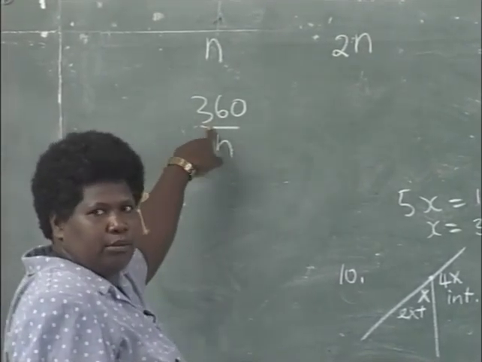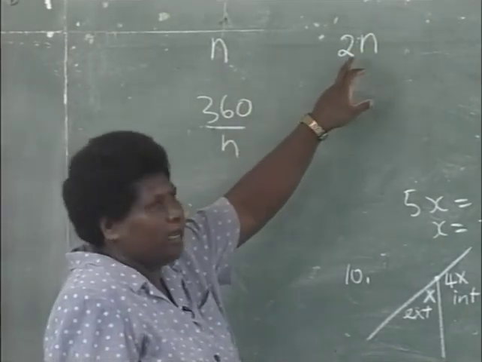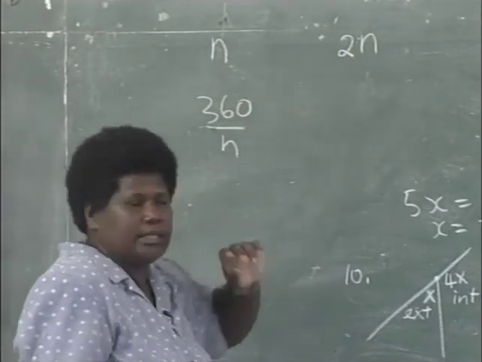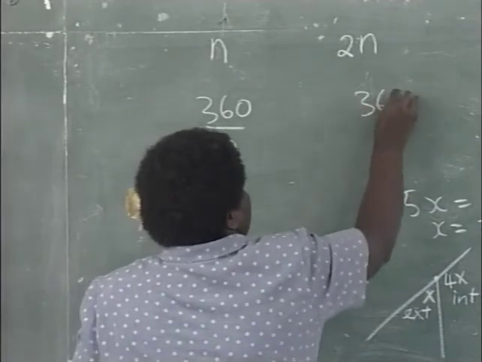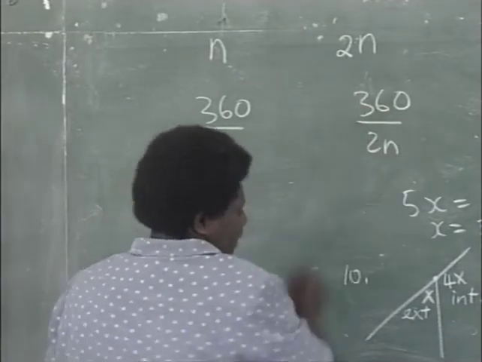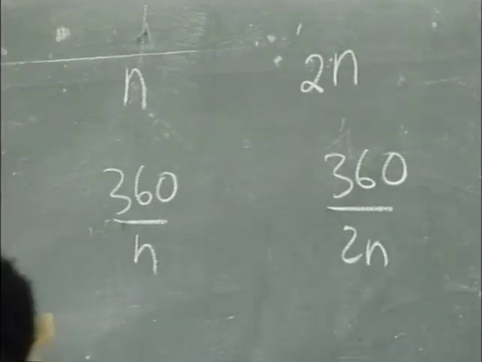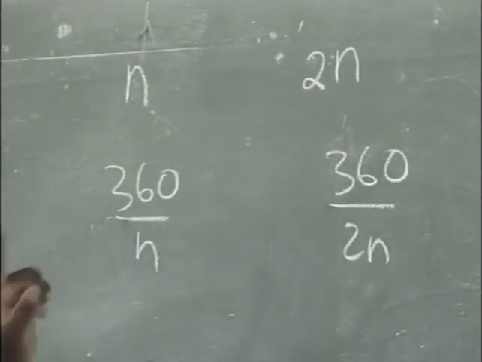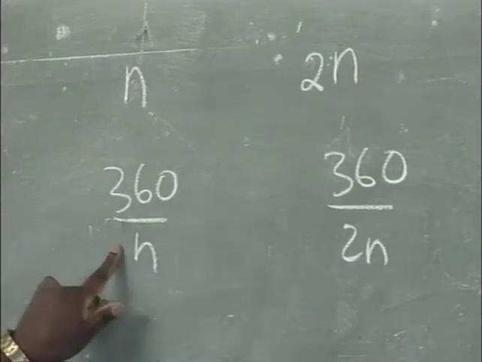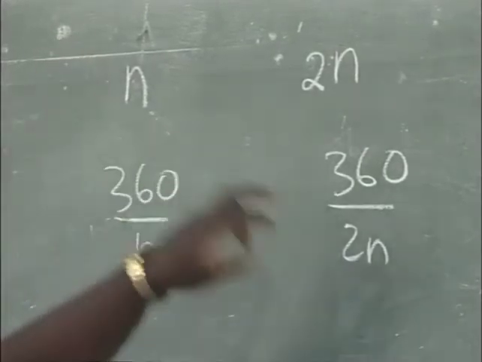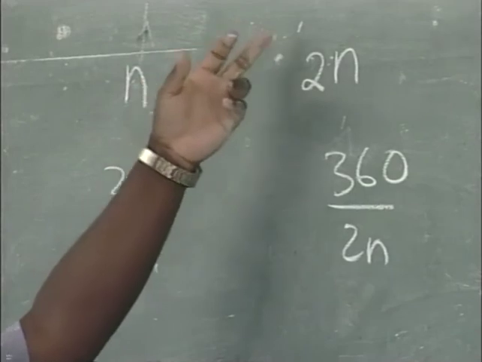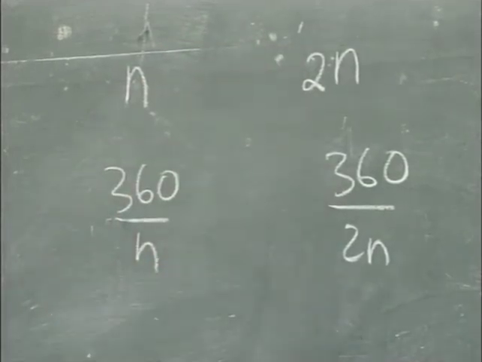Similarly, if I wanted to find one exterior angle of a polygon that had 2n sides, I would also divide 360 by 2n. If these two represented two exterior angles, which one is bigger, according to the question?